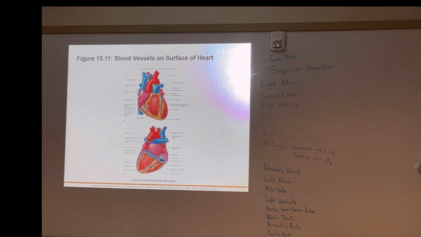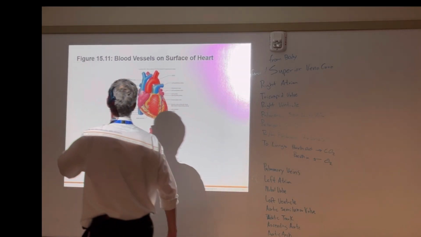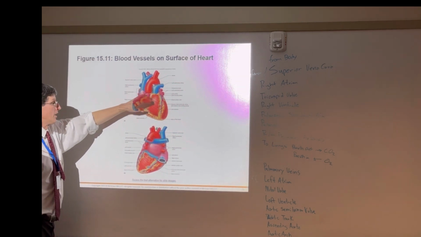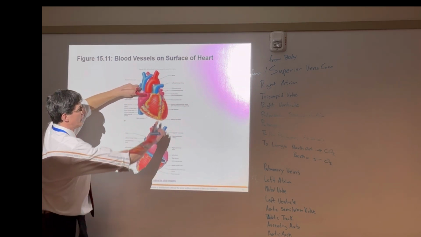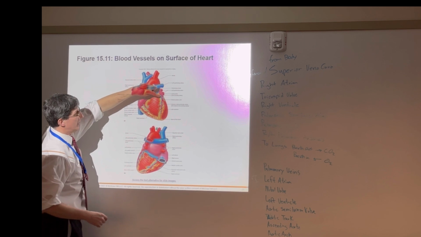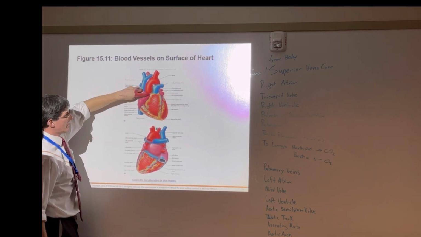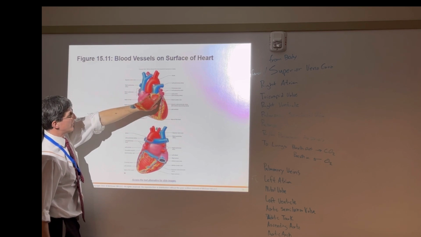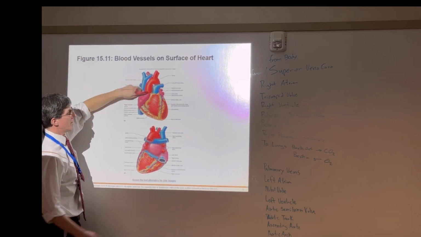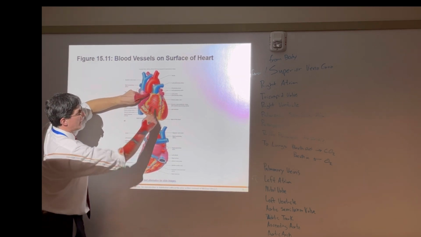So in this picture here, the top one, we show an anterior view of the heart. And so what you notice is this is the left coronary artery. This is the right coronary artery. And what you notice is you can't see where they come from, but they're coming from the aortic trunk.